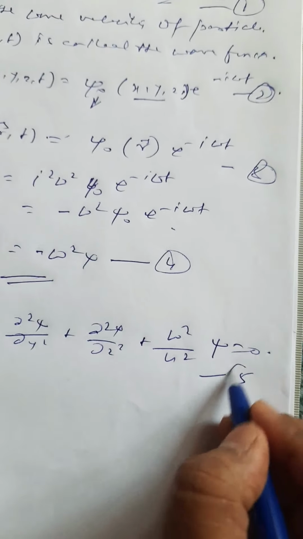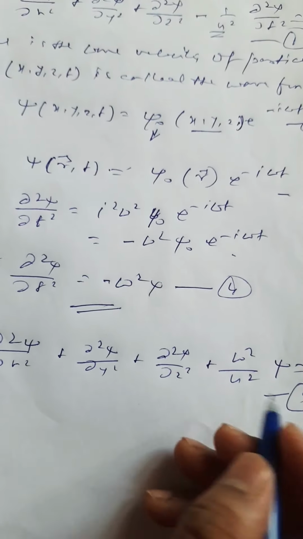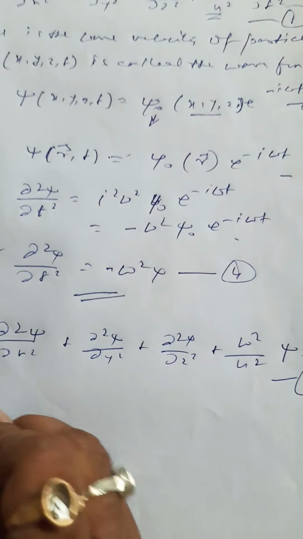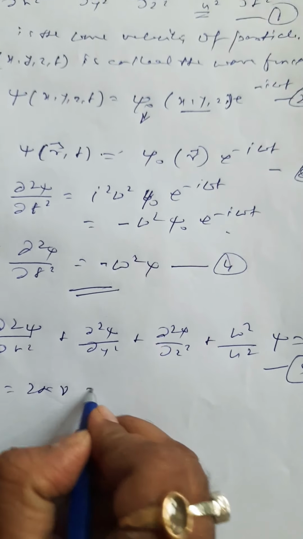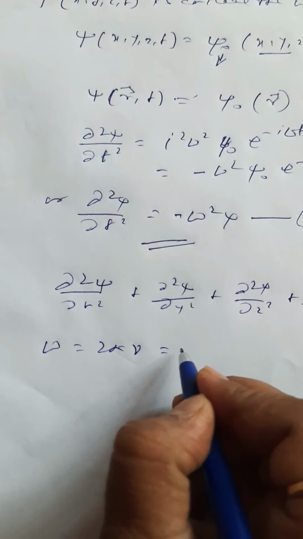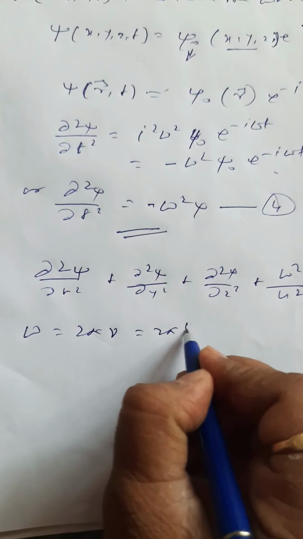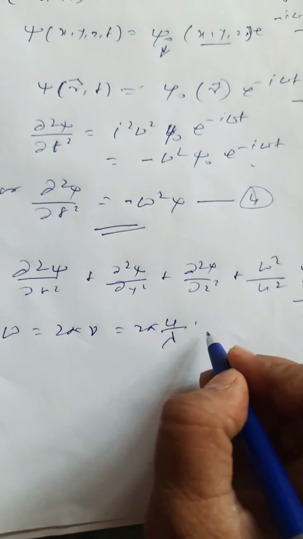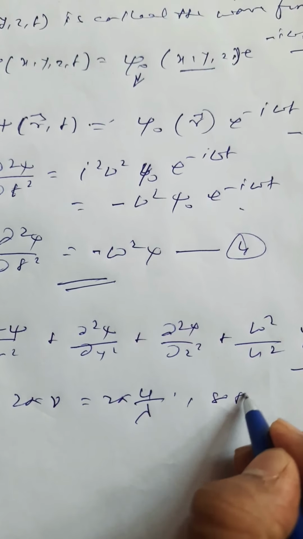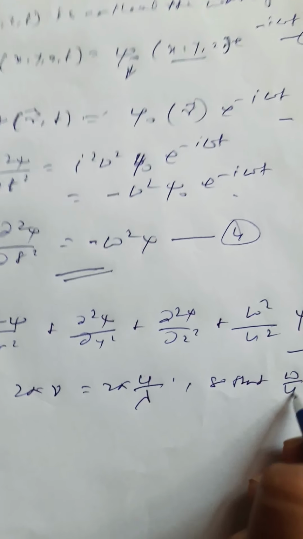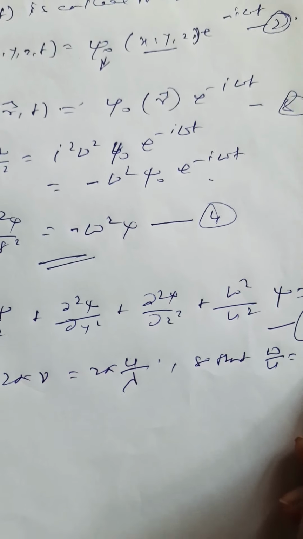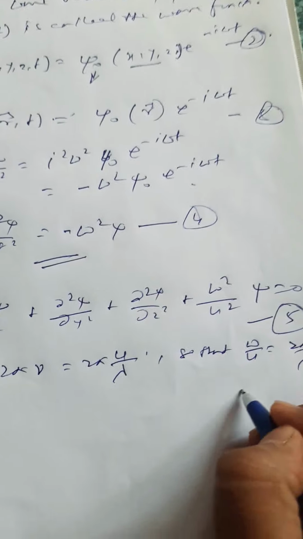So this will be equation number 5. Now here omega may be written as 2 pi nu, which is obviously 2 pi u by lambda, so that omega by u will be equal to 2 pi by lambda. So this will be equation number 6.